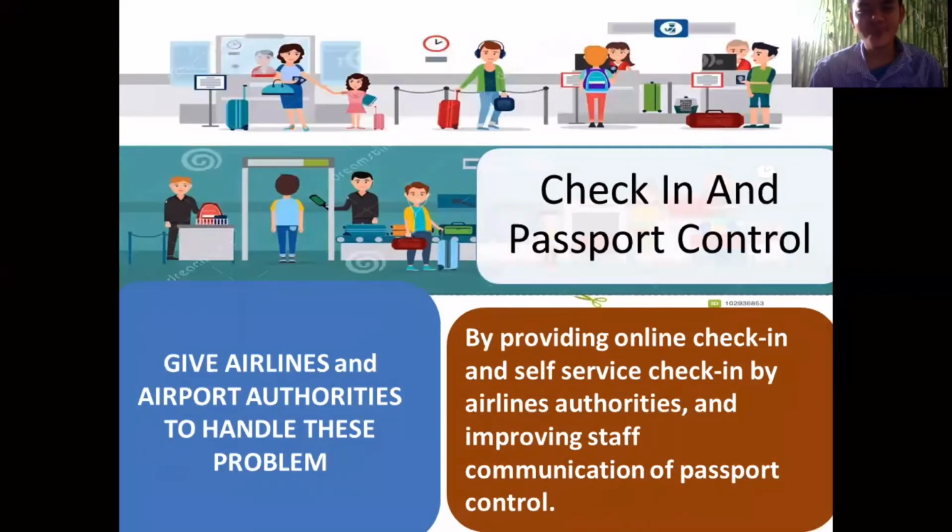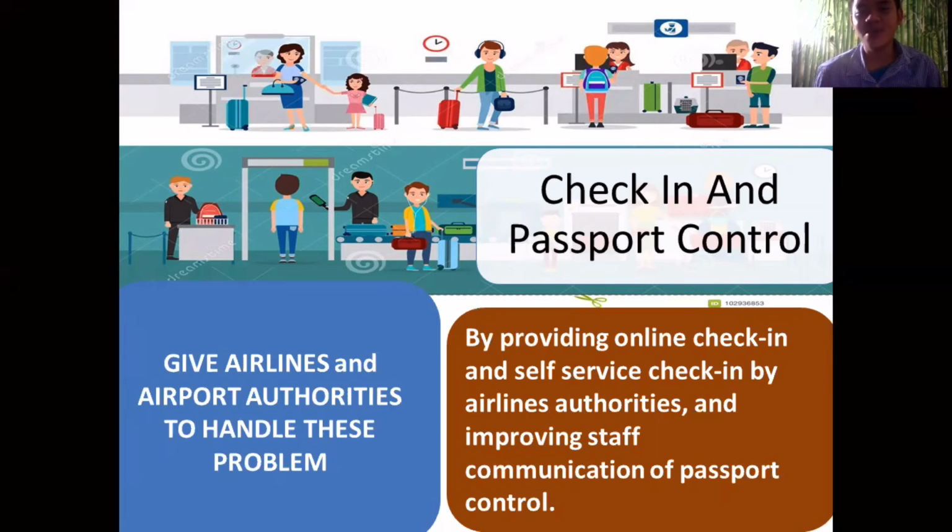Thank you. What an amazing explanation, Ms. Riska Wulandari. So the next explanation will be given by me, on the strategy to solve the problem of check-in and passport control. First, we need to give airlines and airport authorities the responsibility to handle this problem by providing online check-in and self-service check-in by airline authorities. We also need to improve our staff communication at passport control, because if we improve it, we can communicate as fast as possible to customers and make the time as short as possible.